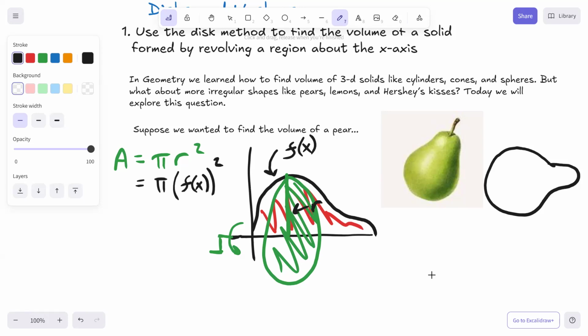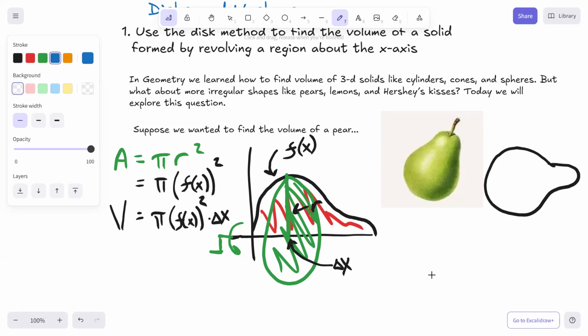Now we could get the volume of that, thinking of it as a cylinder rather, because whenever you take that vertical strip, there is some thickness right here, and we'll call it delta x. So the volume would just be the area of that circle times the thickness of it, which gives us the volume of that one slice.